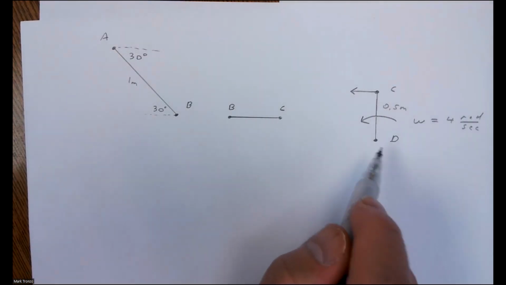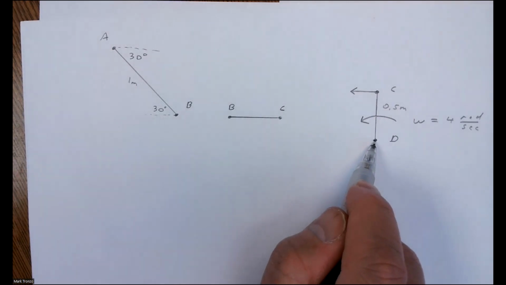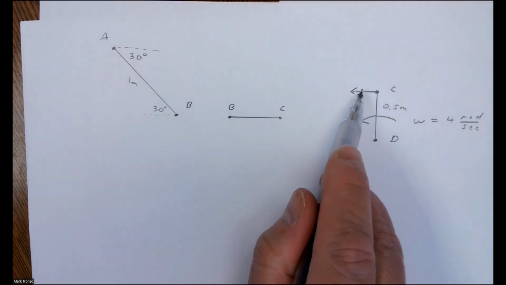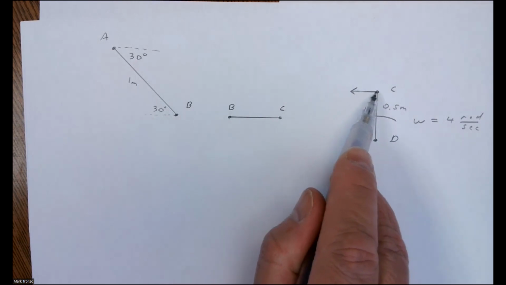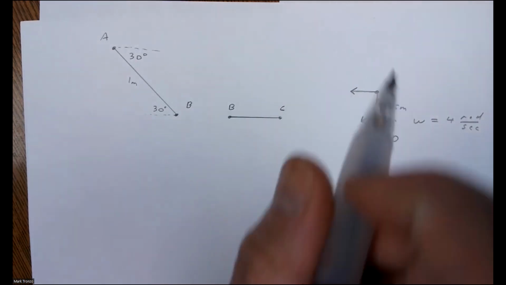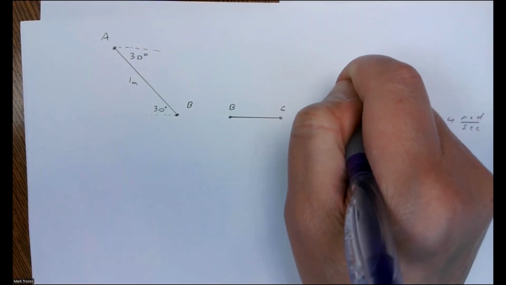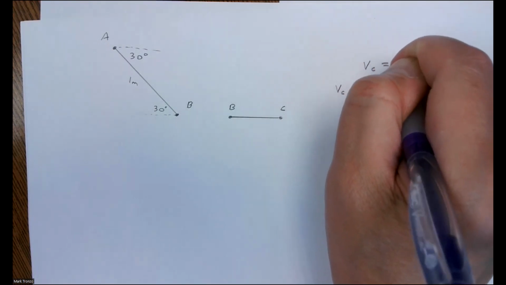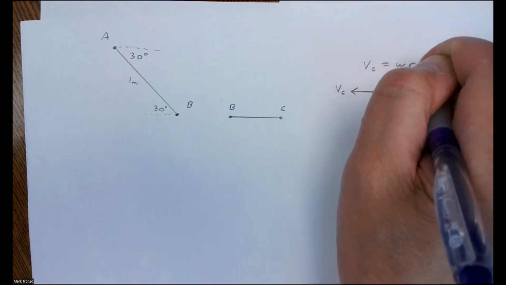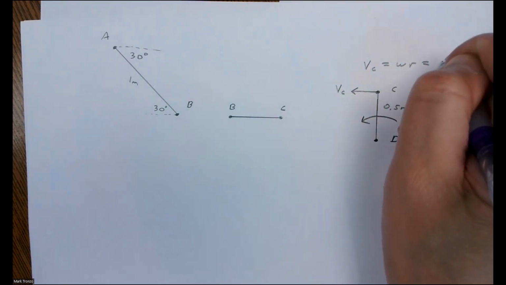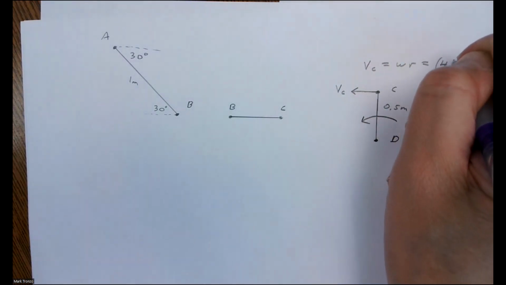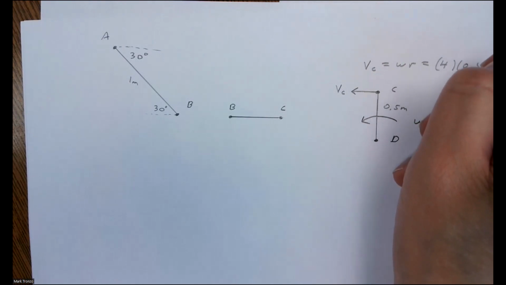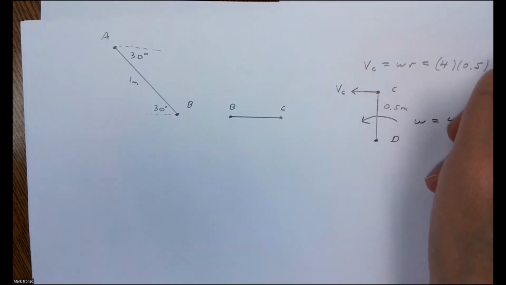Once again, because this is a fixed point and this rod is rotating about it, this velocity is going to have to be perpendicular. And of course, the velocity is always omega r, which is going to be 4 times 0.5, which is 2 meters per second.